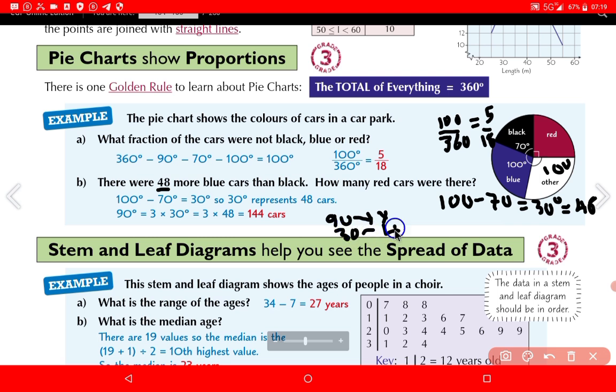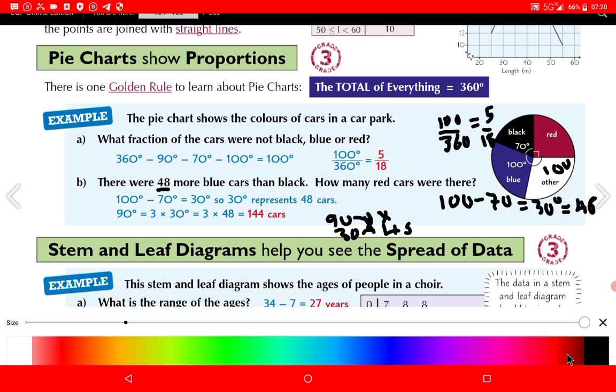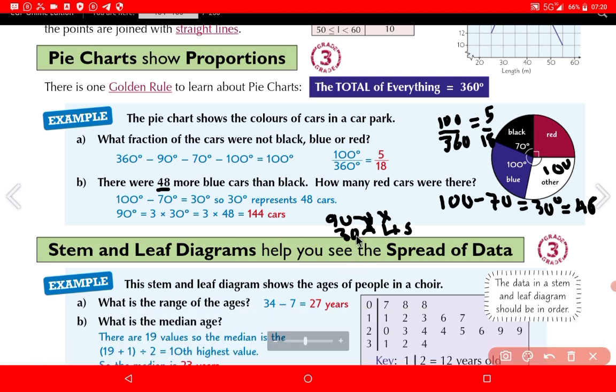So you cross multiply: 30 times x, that will be 30x, equal to 90 times 48.